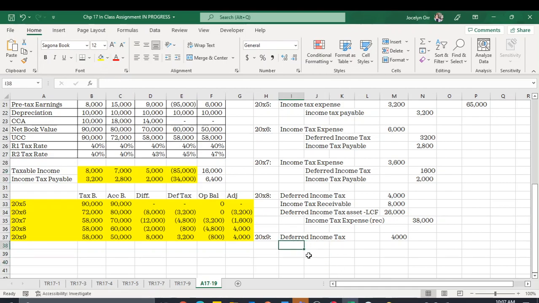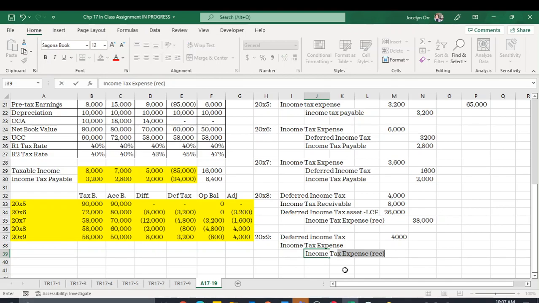So we're back to earning a profit here. Okay, so I am going to have some income tax expense this time, but I am going to have my income tax payable. So we'll record those two things, and then we will look at the deferred tax asset in just a minute.